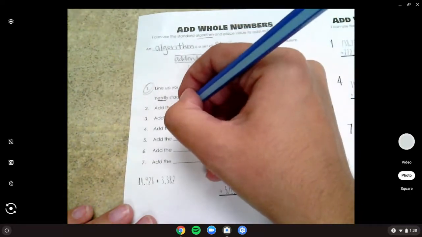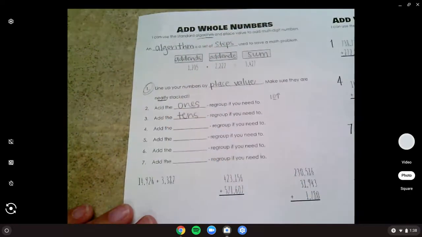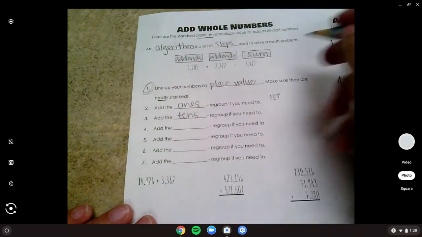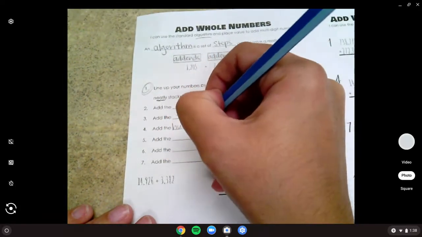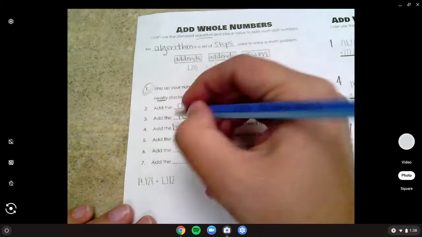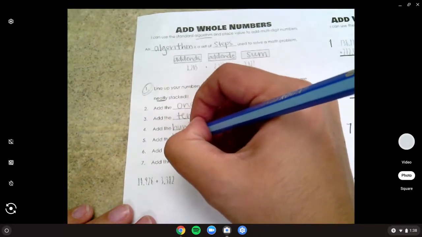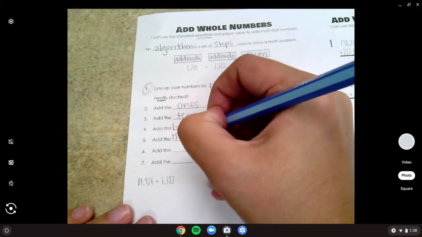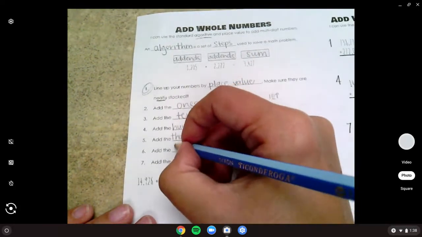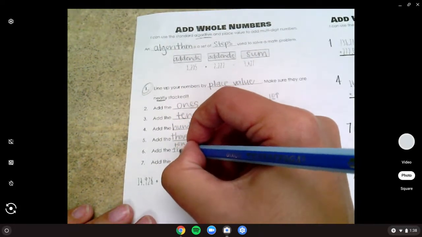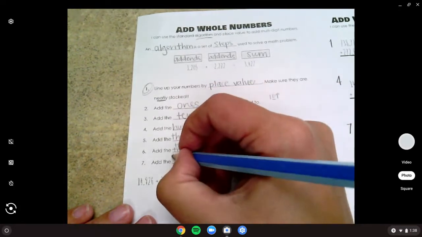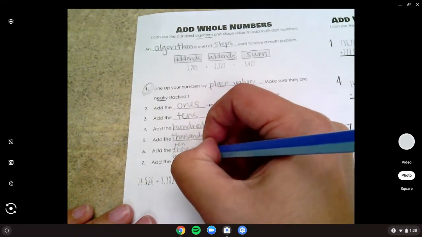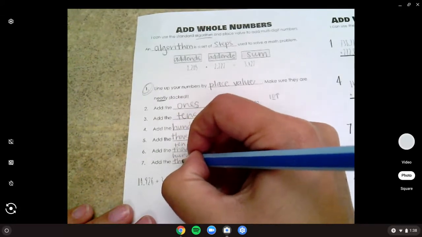After we add the ones, next we add the 10s and we regroup if we need to. And then the hundreds, and then the thousands, and then the 10,000s, and then the 100,000s.